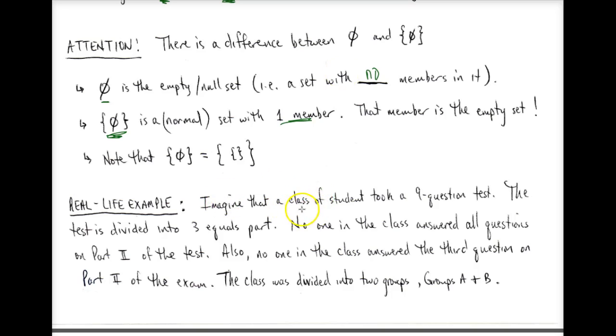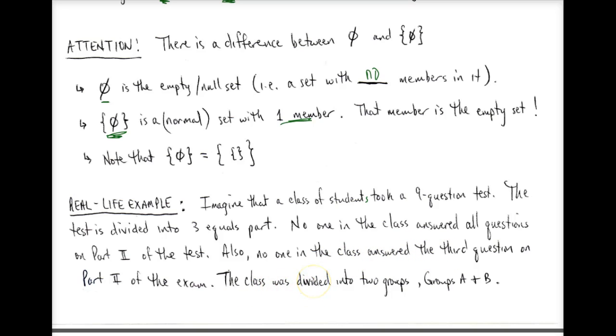So imagine that we have a class of students that took a 9-question test. The test is divided up into 3 parts. We know that no one in the class answered all 3 questions in part 2 of the test. We also know that no one answered the 3rd question in part 2 of the exam.